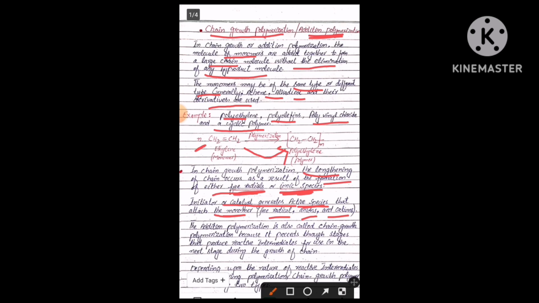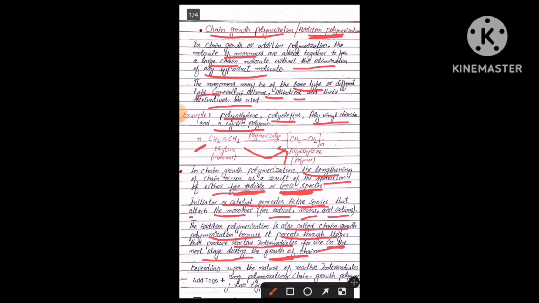Addition polymerization is also called chain growth polymerization because it proceeds through stages and produces reactive intermediates for use in the next stage during the growth of the chain.